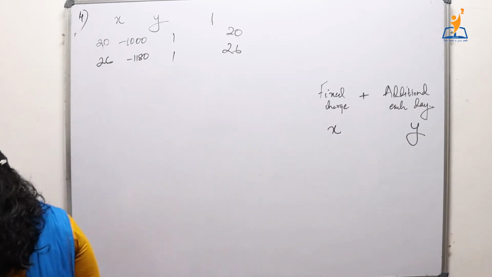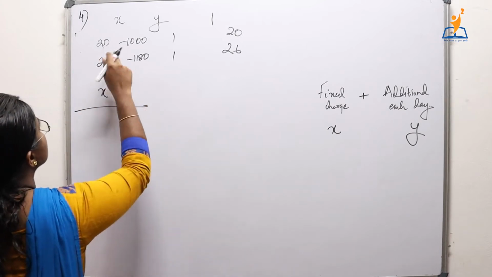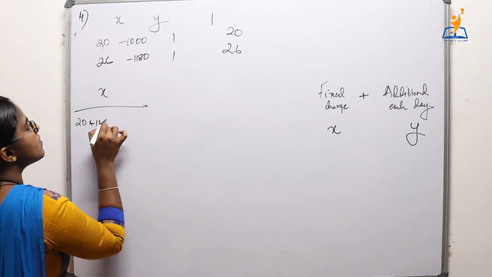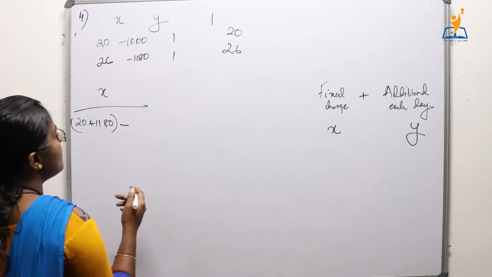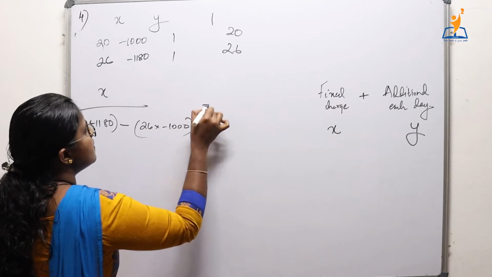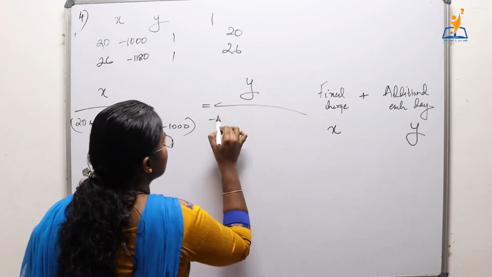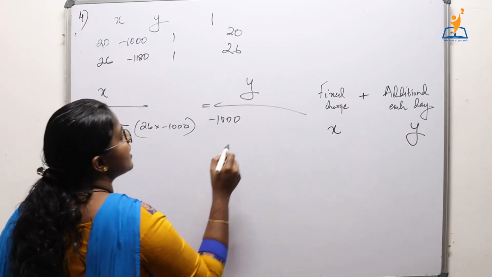Now we are going to solve this diagram. So X by 20 into minus 1180 minus 26 into minus 1000, which is equal to Y by minus 1000 into 1, that is minus 1000 itself, minus 1180.